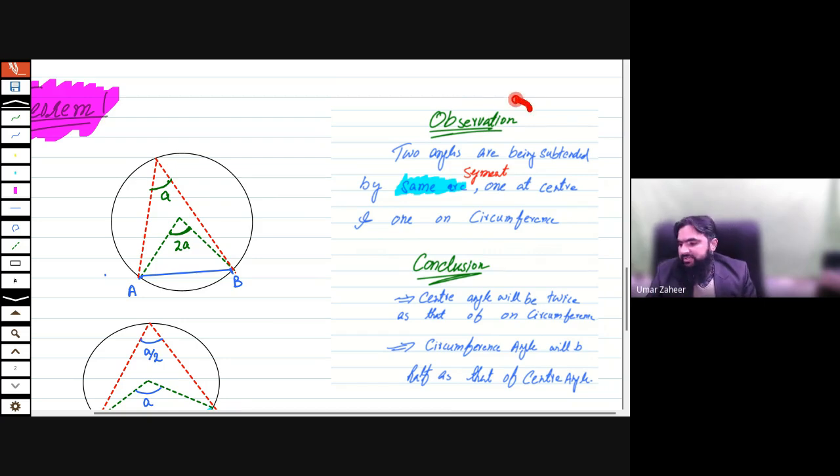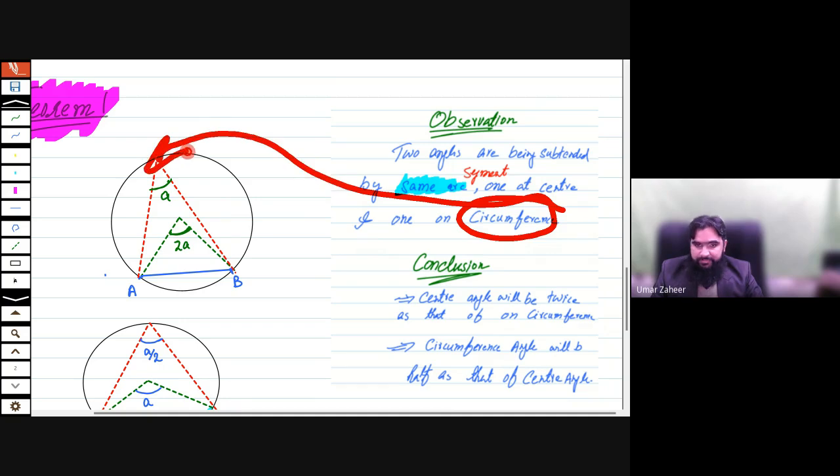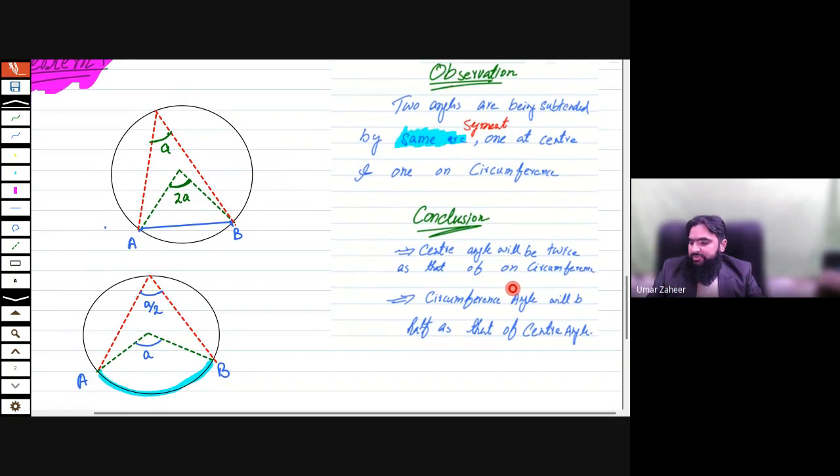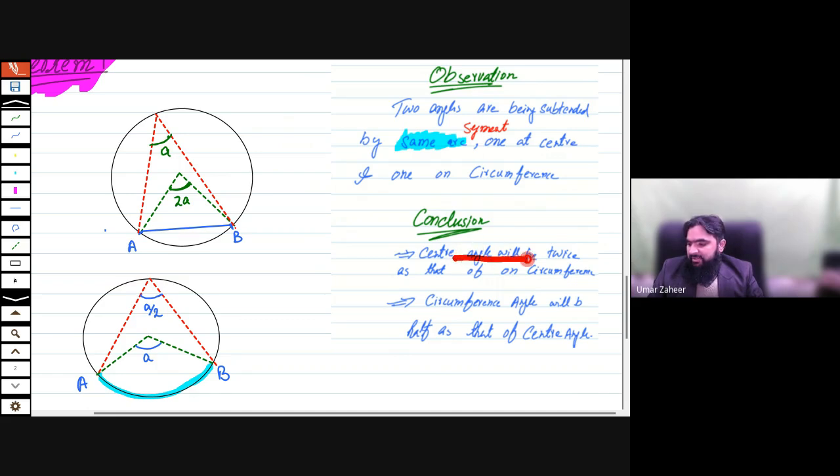The observation is: if two angles are subtended from the same arc or the same segment, one at the center and one on the circumference, then the conclusion is that the central angle will be twice the circumference angle, or in other words, the circumference angle will be half of the central angle.